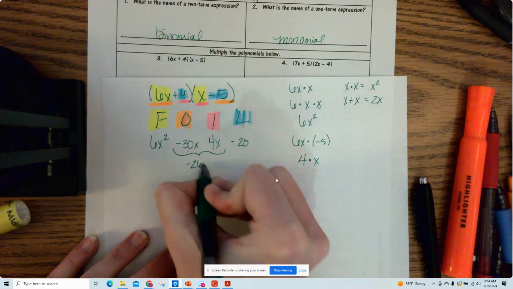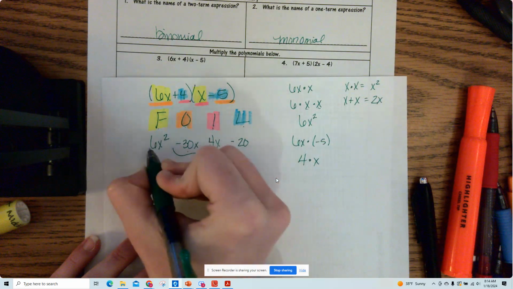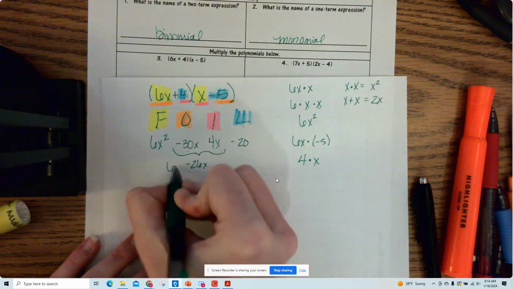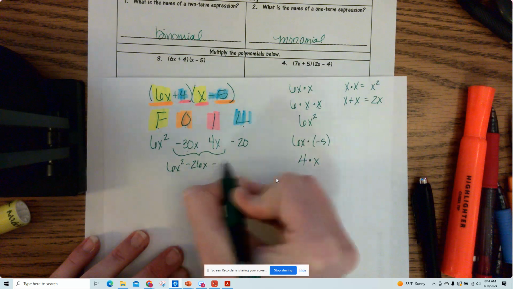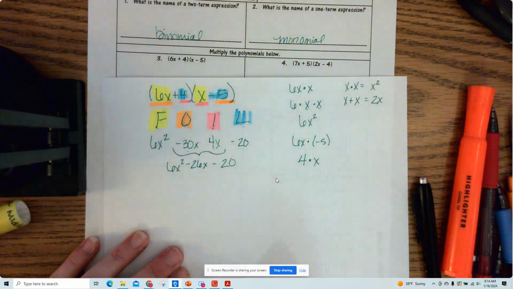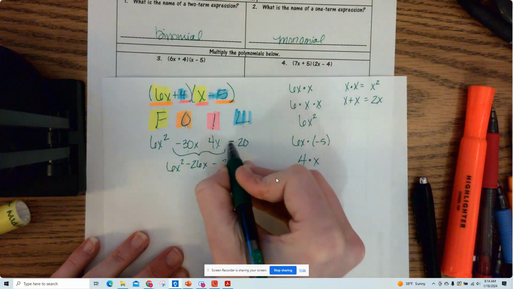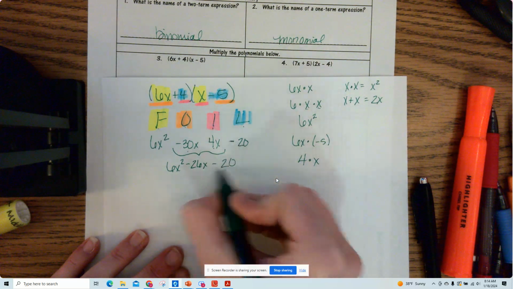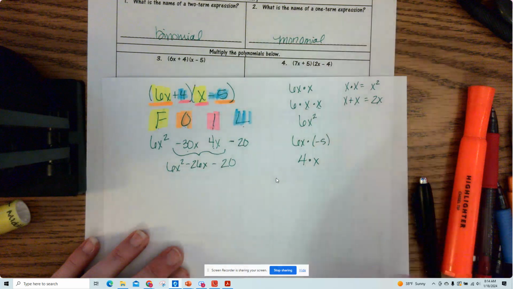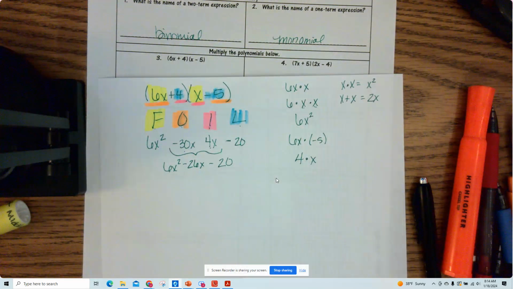Negative 26x. This has nobody to combine with, so it just stays the same. Negative 20 has nobody to combine with, so it just stays the same. If there happens to be a sign in front of it, like this is a negative 20, so we can make it minus 20. It would become a plus. If you're writing the whole thing together, you've got to put that spacer in there.